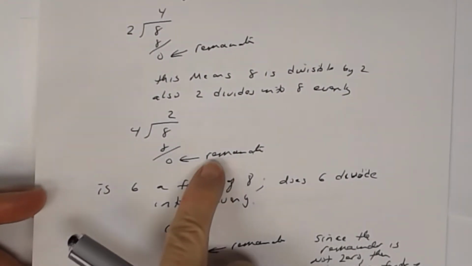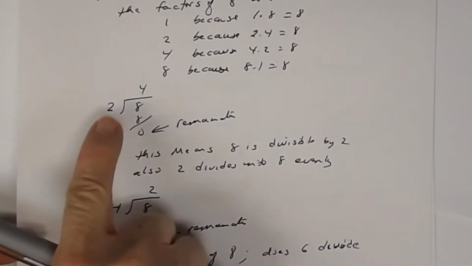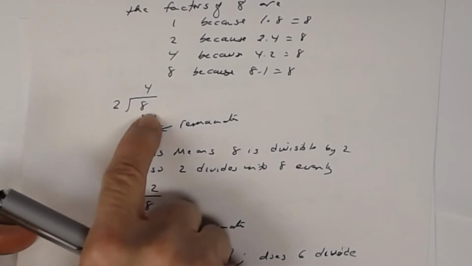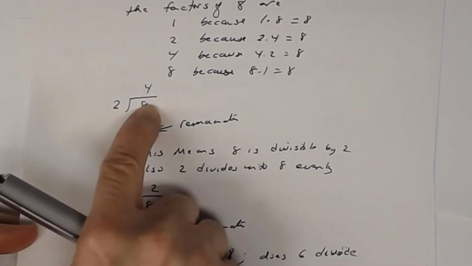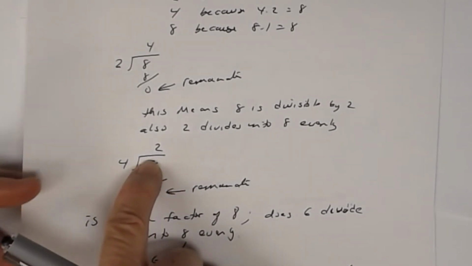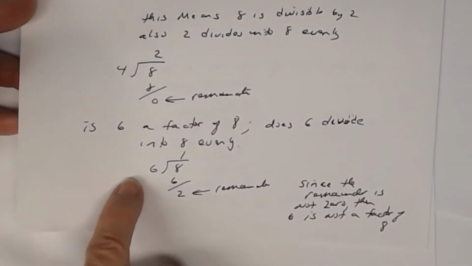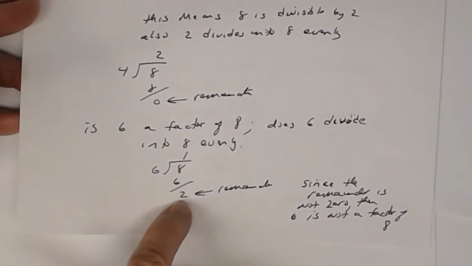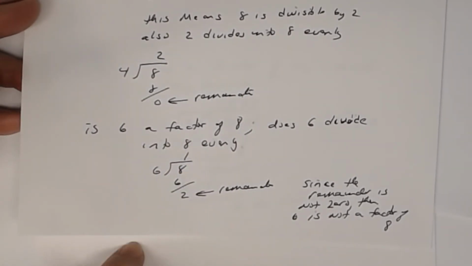Based on our discussion in the previous page, if the remainder is 0, then that means that the divisor is a factor of the dividend. The divisor is a factor of the dividend. Here, the divisor is not a factor of the dividend because the remainder is not 0.